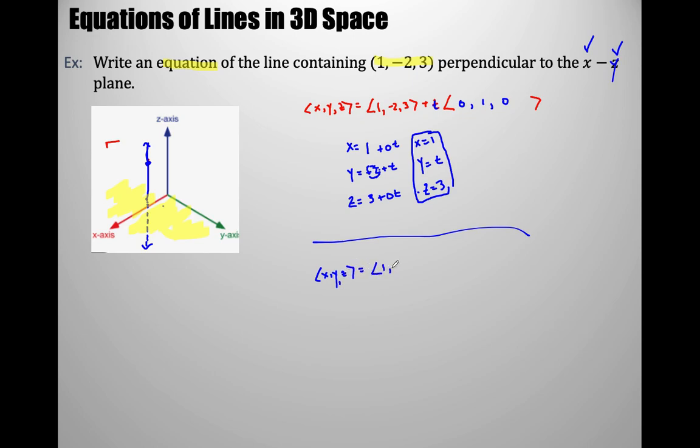Same point. But which unit vector am I going to use this time? Since it's the XY plane, I'm going to use the K unit vector, right? And the K unit vector has components 0, 0, 1.